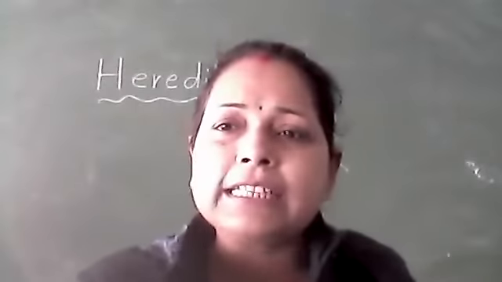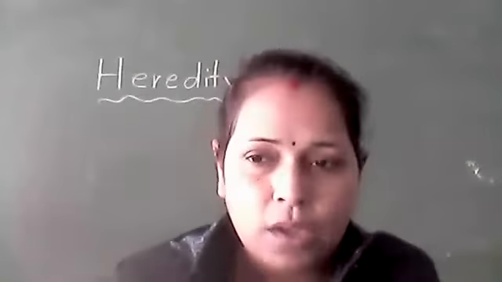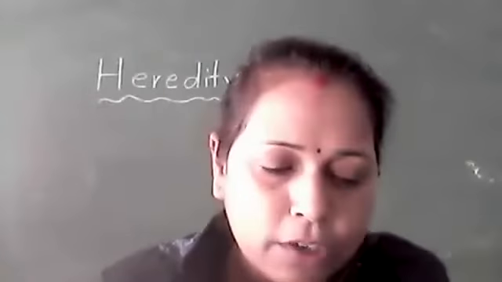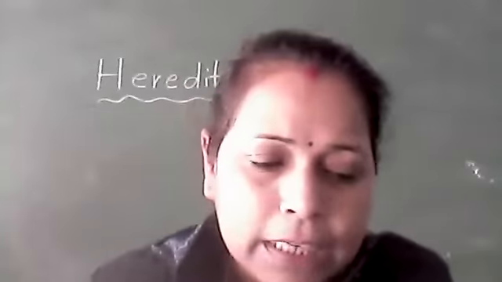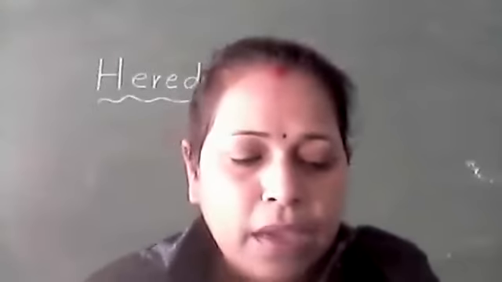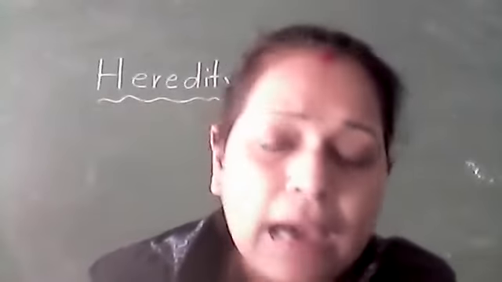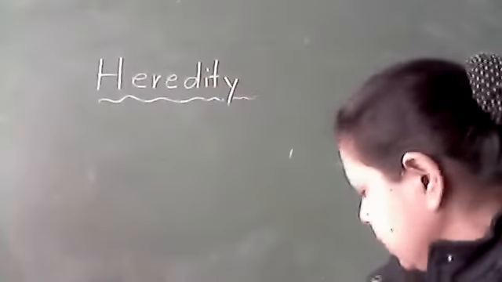For every character there are two genes, that is, genes are in pair. If we are using the word homozygous, it means the two alleles, the different forms of a particular character, are identical. Look at the board.